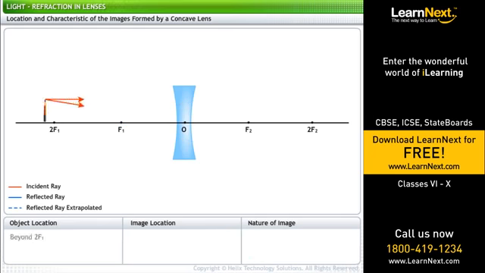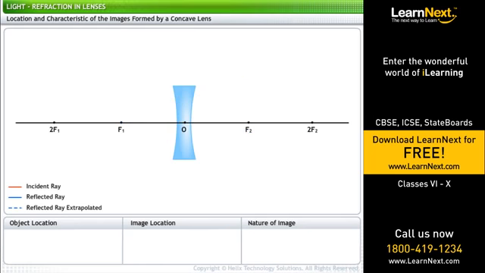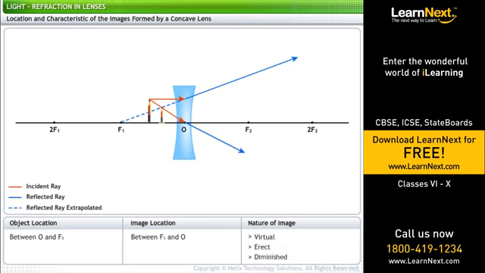When the object is placed beyond 2f1, the image is formed between f1 and O and is virtual, erect and diminished. When the object is placed between O and f1, the image is formed between f1 and O and is virtual, erect and diminished.